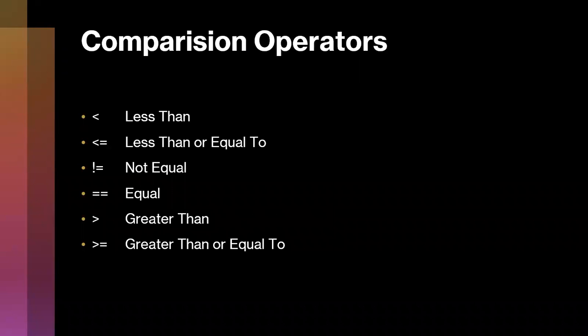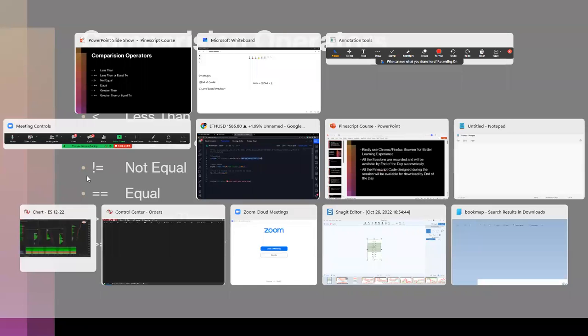And then comparison operators. The comparison operator plays a major role in strategies, and even in building indicators. Whenever I have a comparison operator: less than, greater than, equal to and not equal to. There is a subtle difference here, and sometimes people get confused, particularly beginners.